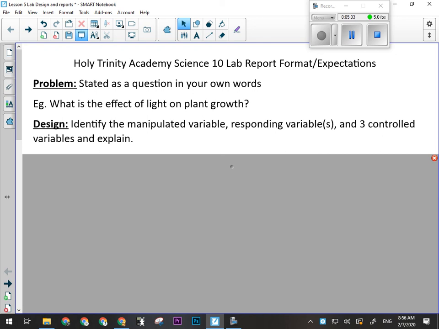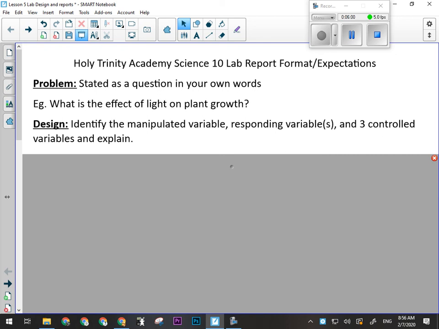How many manipulated variables are there in any experiment? At least one. Only one, actually. Okay, at least one? Yes. Only one? Yes. Okay, you can only have one manipulated variable. If you test more than one thing in the same experiment, you'll never know which one of them caused the change you were looking for.